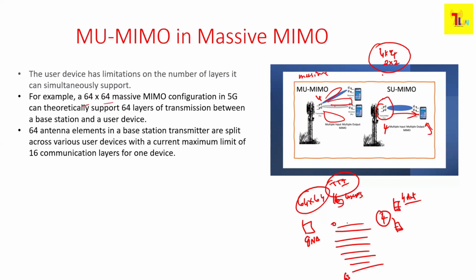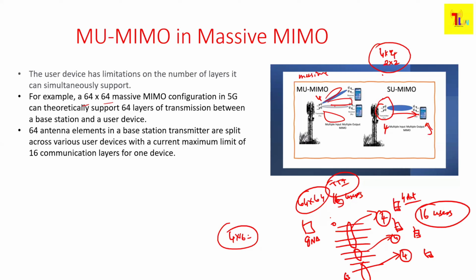So what you have to do is send 4 antenna elements' worth to one user, and 4 to another user. You can accommodate almost 16 users, so 4 into 16. Each user takes 4 antenna elements, so you can accommodate up to 16 users.